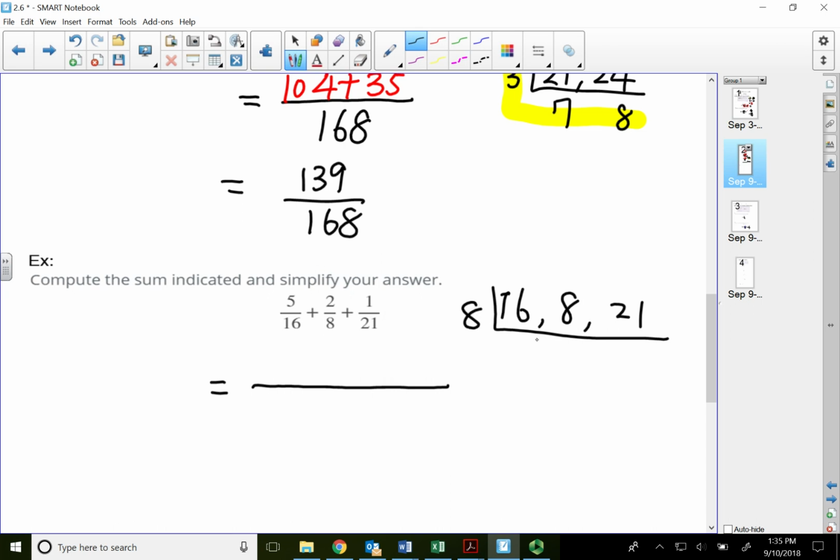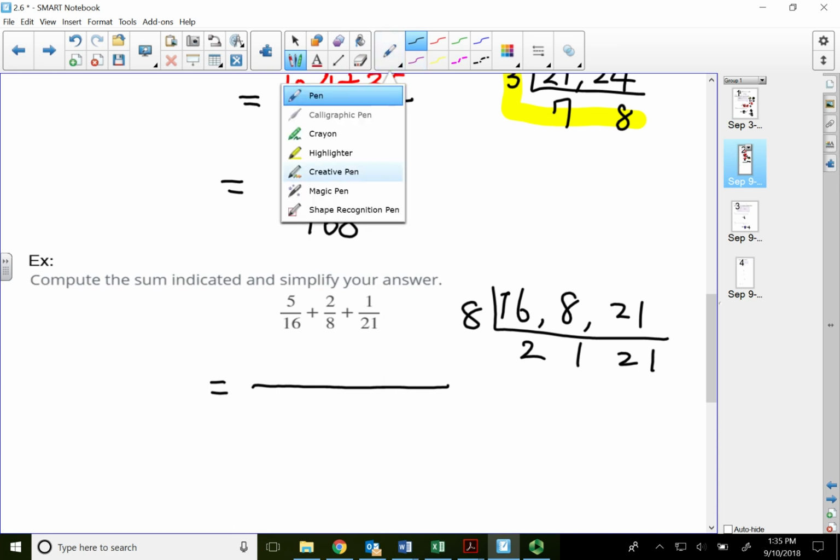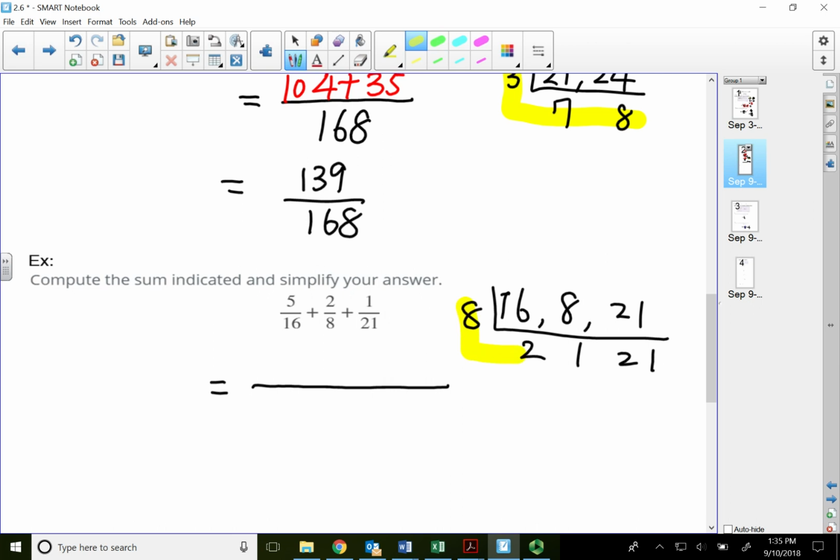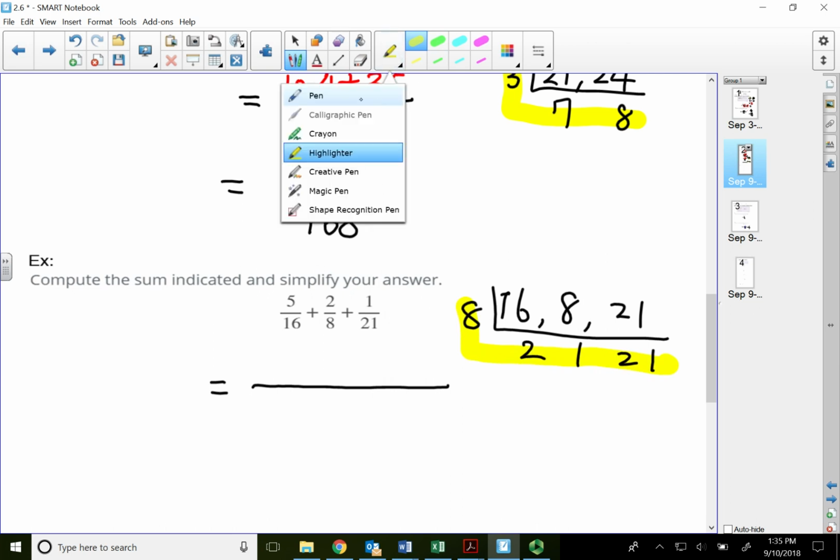I'm going to try 8. Because I know 8 can go into 16 two times, 8 can go into 8 one time, 8 cannot go into 21, so bring it down. So let's try again. Find one number out here that can go into any two of these, which I don't have. So apparently this is just going to be 8 times 2 times 21 as the LCD.